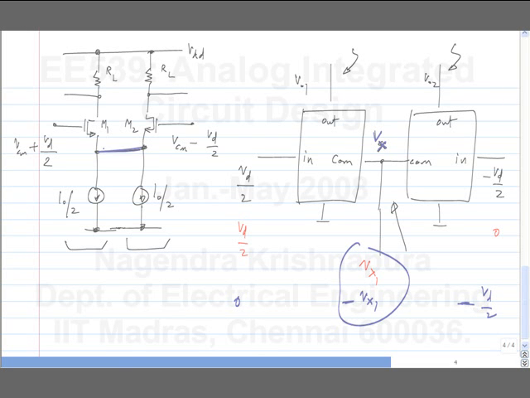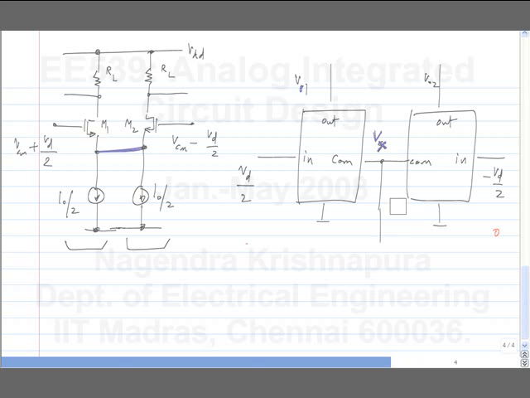So what will be VO1 and VO2? Or at least how will they be related to each other? Negative of one another. Again, we can use superposition to see that. So I apply Vd by 2 and 0.